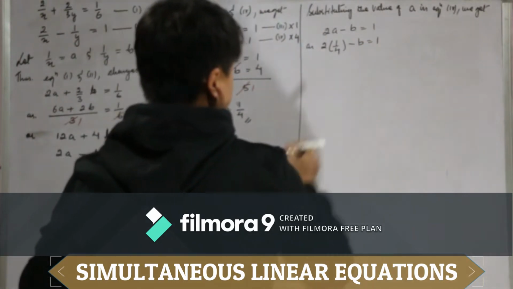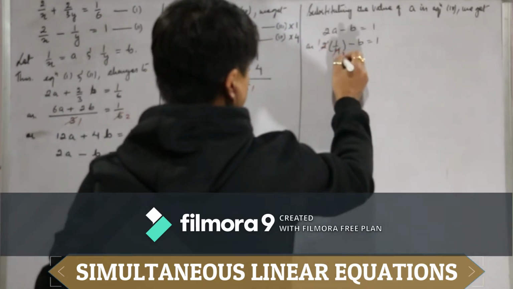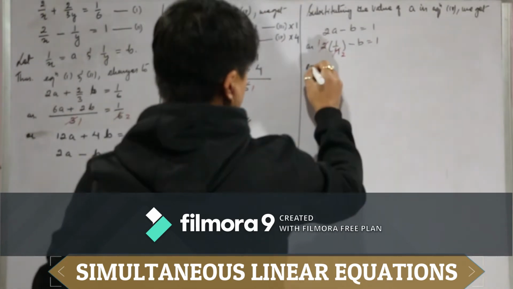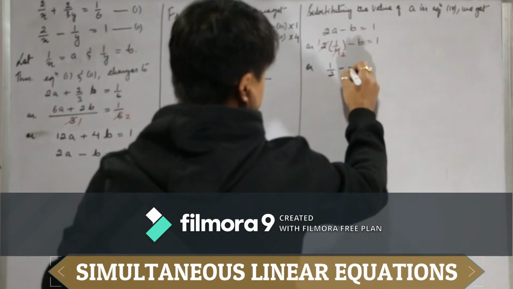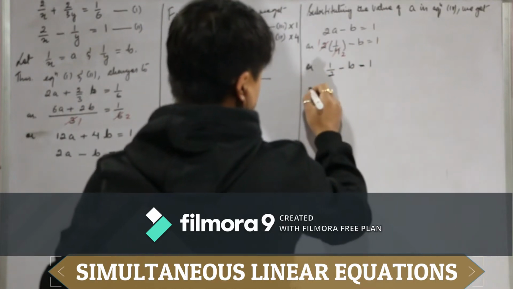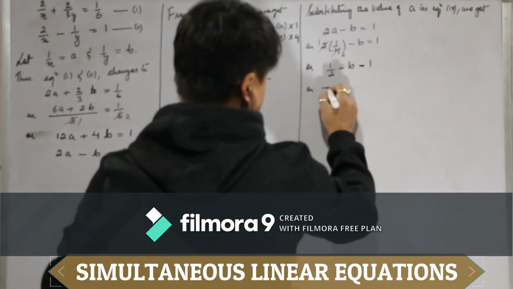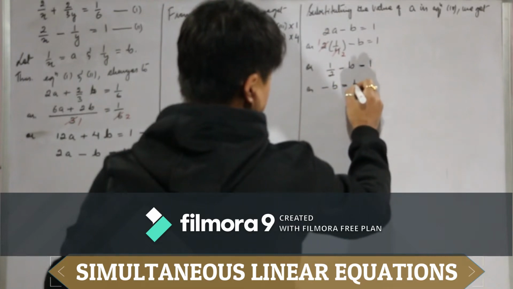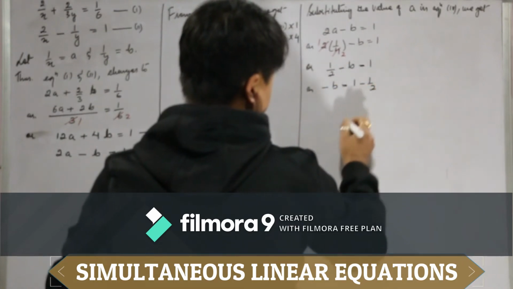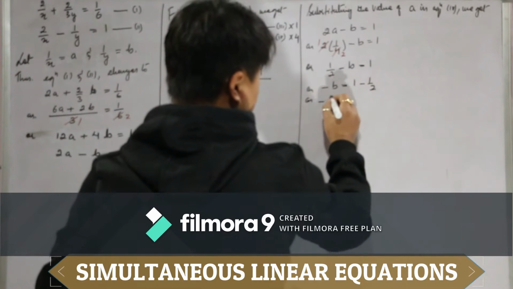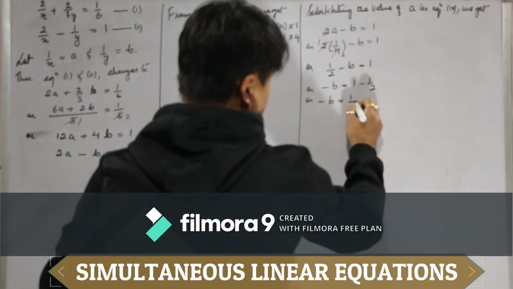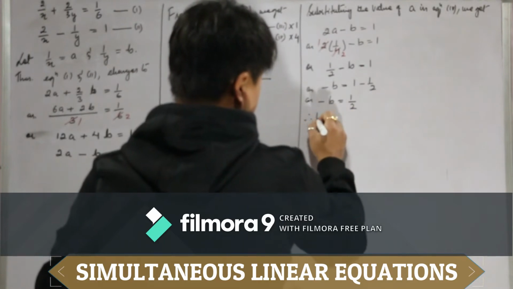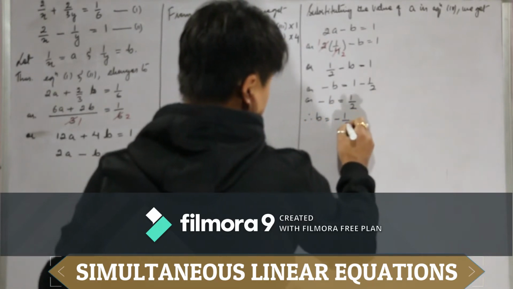Then 2 1 are 2, 2 4 are 8, or this will be 1 by 2 minus b is equal to 1, or we take this side: minus b is equal to 1 minus 1 by 2. Okay, or minus b is equal to 2 minus 1 is 1 by 2. Therefore b is equal to minus 1 by 2.